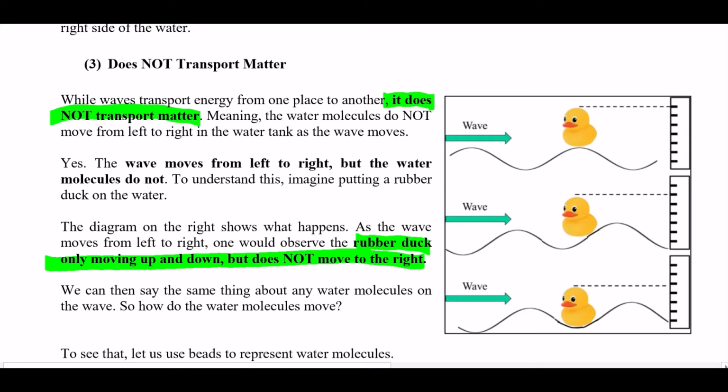Okay, what do I mean by that? Let's look at this rubber ducky. Some of you might have played with it in the bathtub when you were young. If you put a rubber ducky on the surface of the water, and you create a wave, for example using your hands, what you will see is that the rubber ducky will move down and then later move up along with the wave, according to the wave.